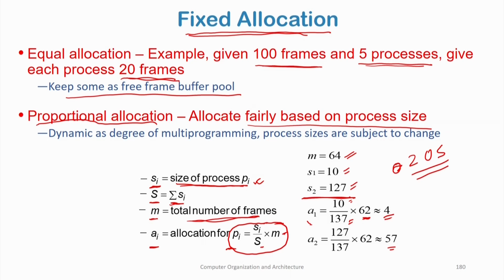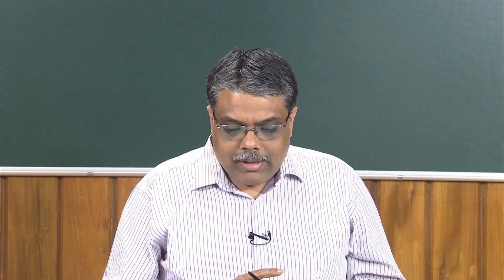So, when allocating frames, I will allocate P1 only 4 page frames, and I will allocate P2 57 page frames, because their sizes are very skewed. Now, if I allocate the same number of frames, we understand that the memory utilization will not be that good.